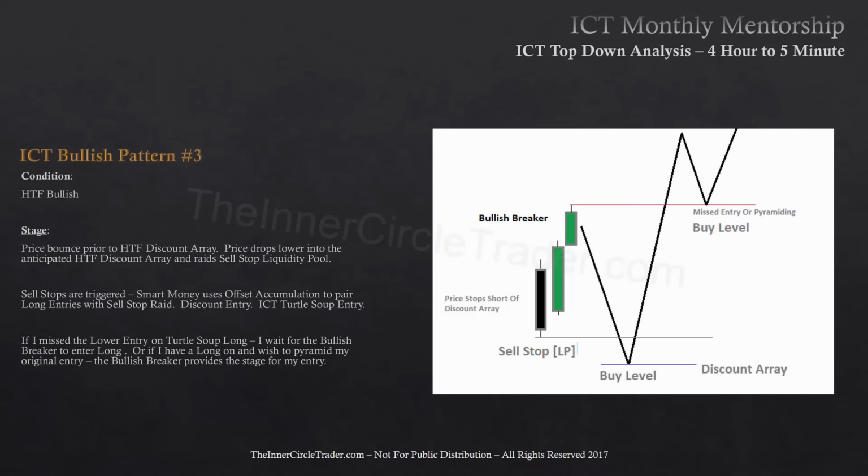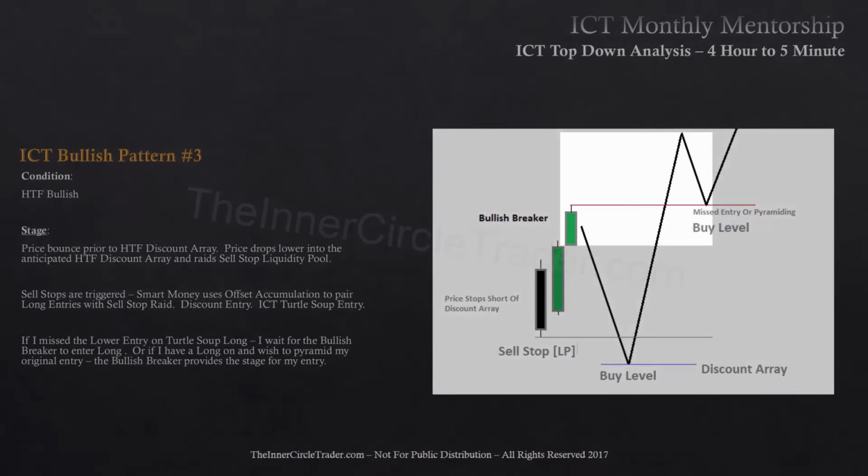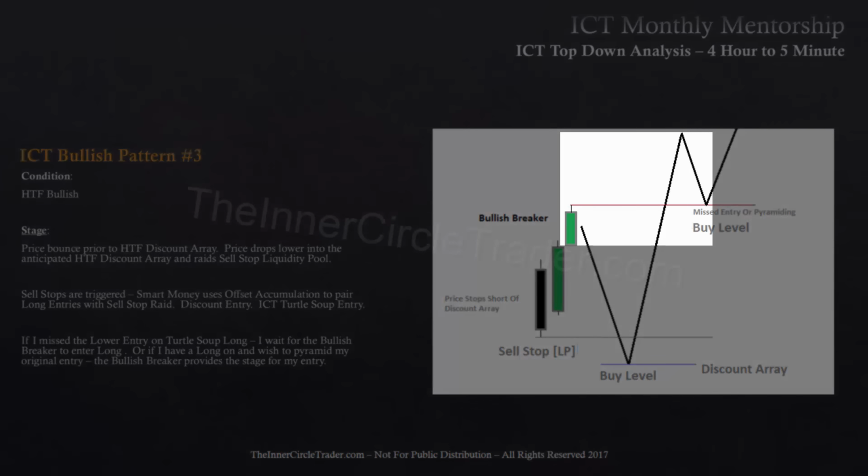Now, in that impulse leg from where it says buy level up to the high, and it pulls back down into the missed entry or pyramiding, right inside that upper portion of that impulse leg as it trades from the bullish breaker, there's going to be a portion of price action in the lower time frame. Say this is a 4-hour chart or an hourly chart.